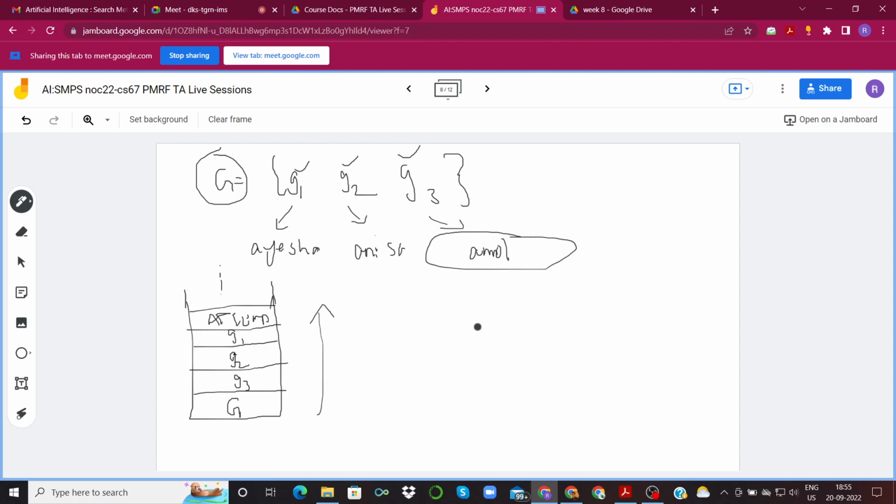Okay, I had a confusion in what order it should be. Yeah, since in our problem these three, Aisha, Anisa, and Amol, we could solve independent of each other, you could use any order, whichever is convenient to you. If we had a problem statement where we could prefer solving something before another goal, let's say a simple example, suppose you are cooking something. You have two sub goals.